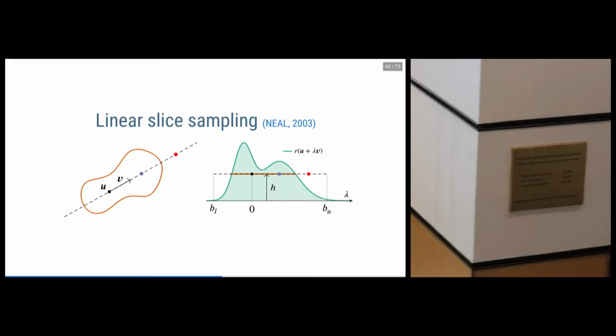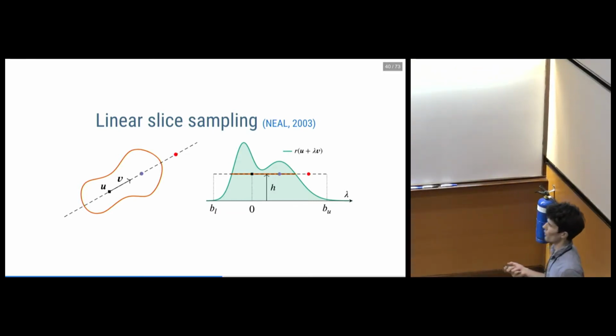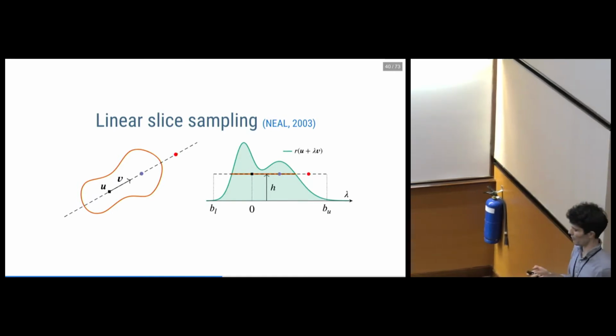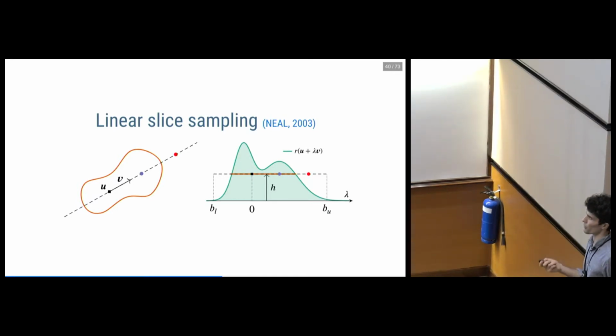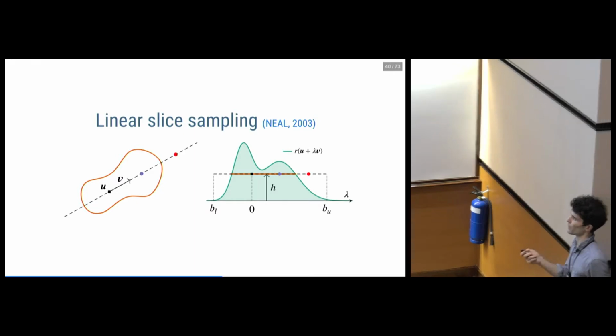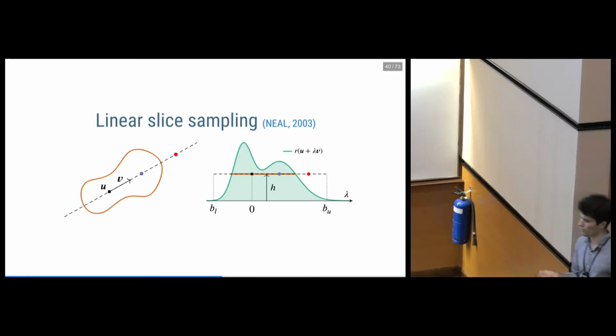In practice, for some distributions, that can help a lot if you've got very varying scales, and you would struggle to come up with some summary of a typical scale to set this initial slice bracket width.